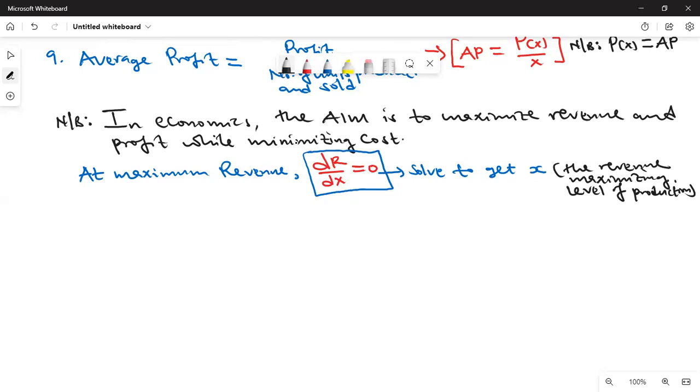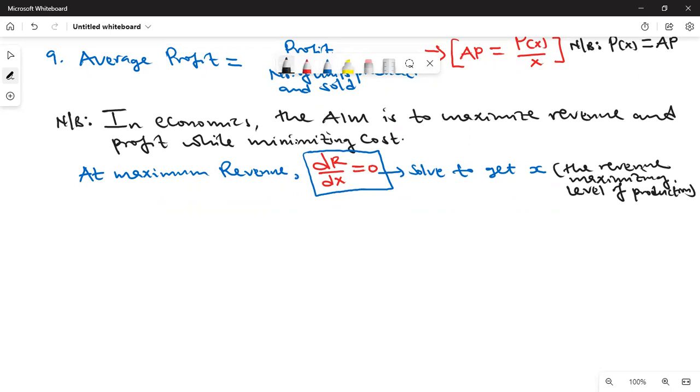And you don't just assume that the value of x will give you the maximum revenue. You must test using the second derivative test. You must know that it is not always the case that the x that you have found should always give you the maximum revenue. So use the second derivative test.